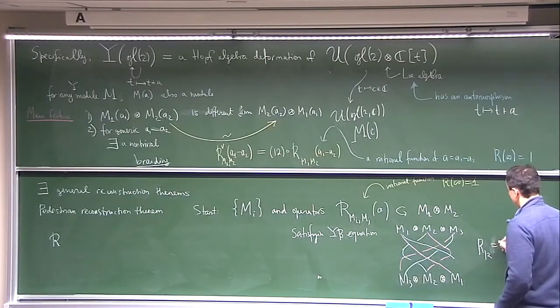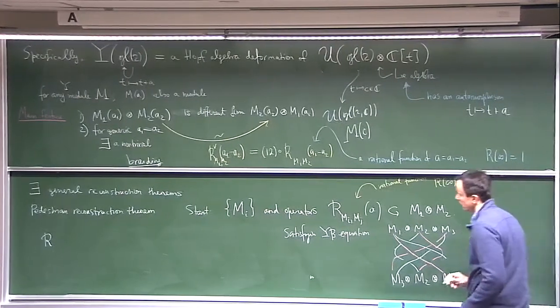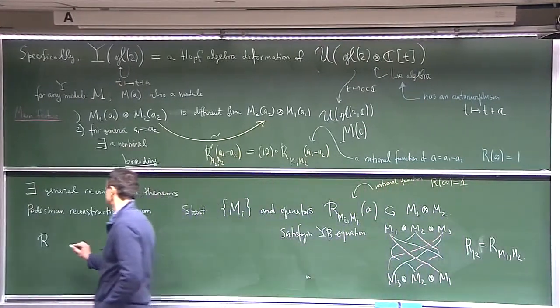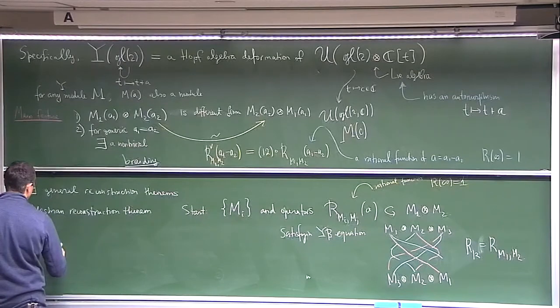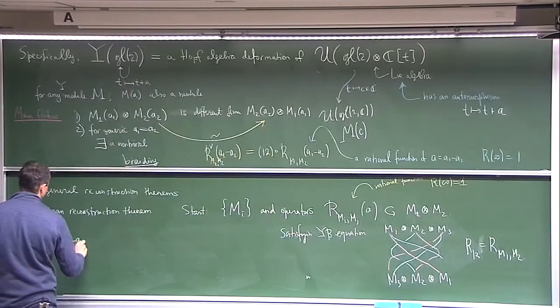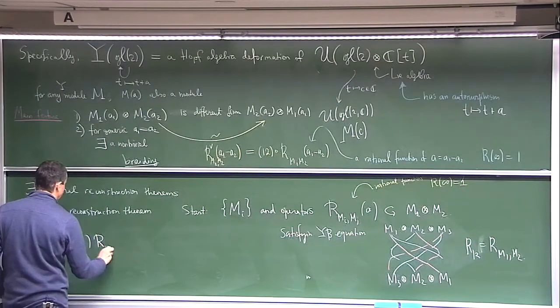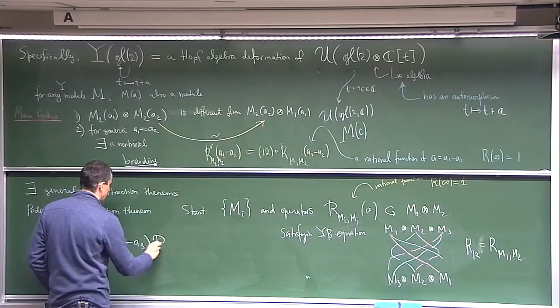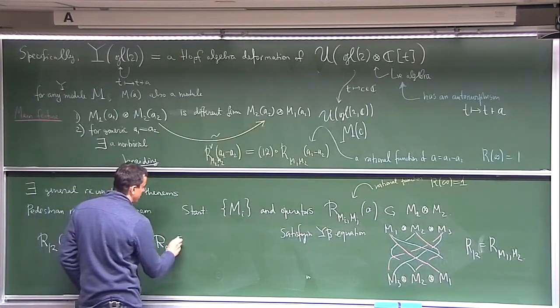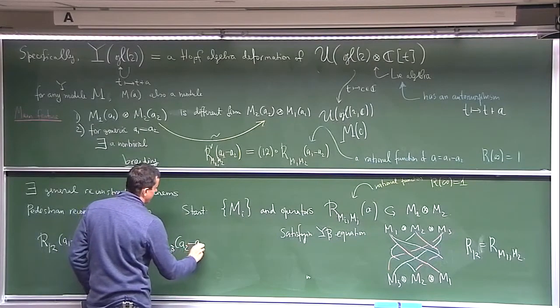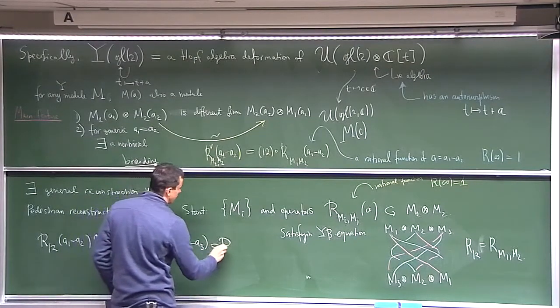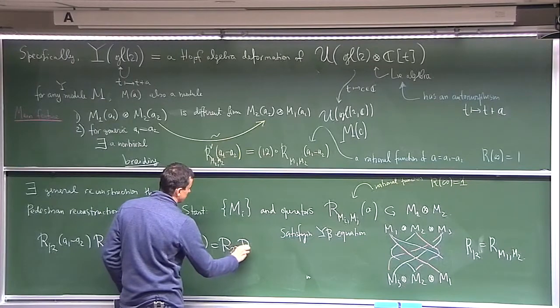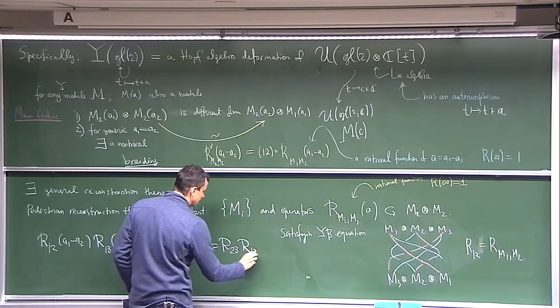This will denote R_1, R_2. So the relation says that R1,2(A1 minus A2) times R1,3(A1 minus A3) times R2,3(A2 minus A3) is equal to the other way around. The indices are the same.